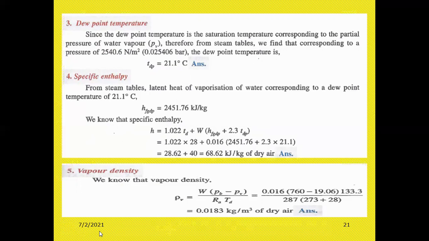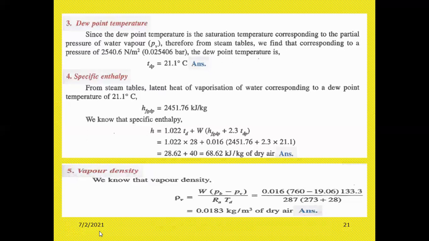Therefore, for the specific enthalpy, from the steam tables at a temperature of 21.1 degrees centigrade, hfg at dew point is 2451.76 kilojoules per kg.